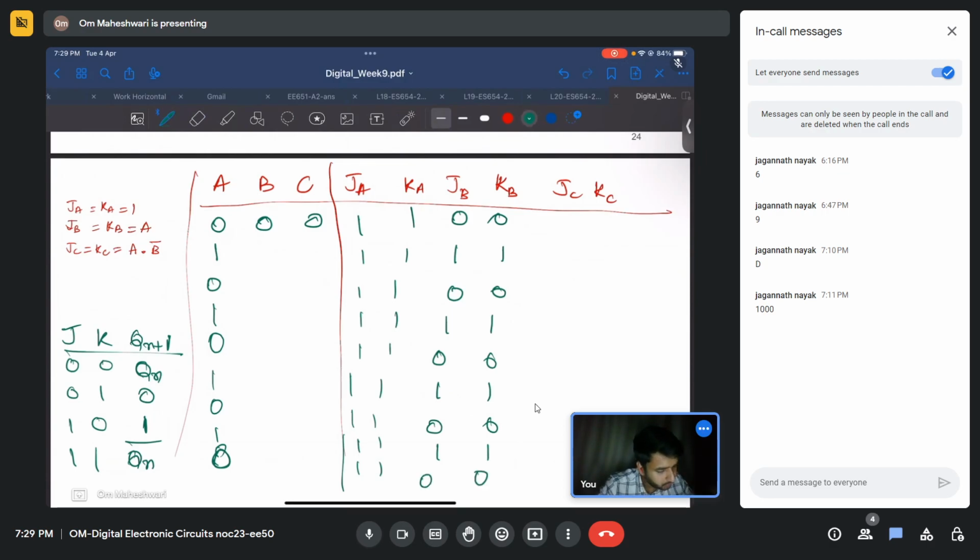So when J is 0 0, it will be the previous state, and when it is 1 1, it is Qn bar. 0 0 is previous state, 1 1 is opposite.